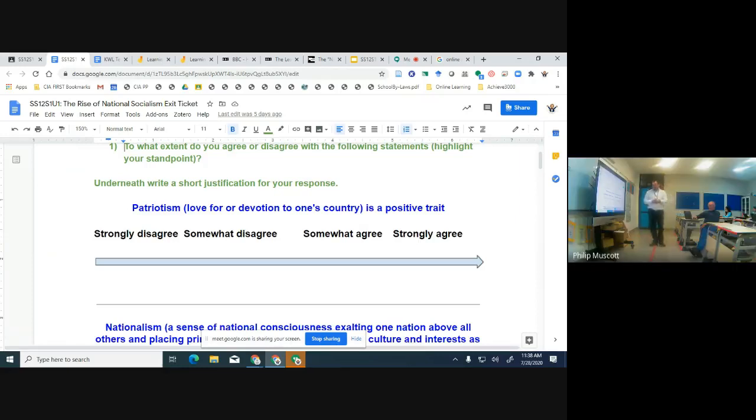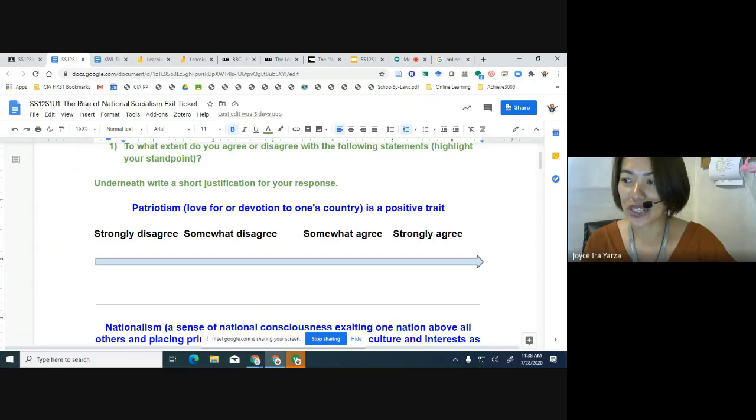All right. Consider that statement. Notice here there's a spectrum of agreement from strongly disagree to strongly agree. Can you just share your thoughts on that? Patriotism is a positive trait. Somewhat agree. That would be my answer for that.